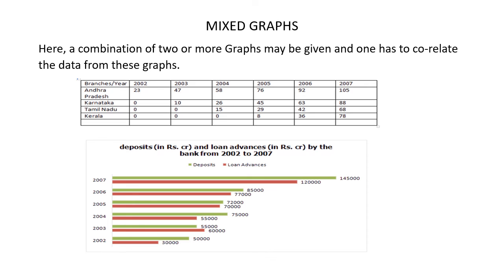As you can see, in 2002, the deposits by the banks is 50,000 crores. In 2002, the loan advances by the banks is 30,000 crores. Now, based on all this information, questions will be asked in the competitive exams on mixed graph. You have to correlate the data from both these graphs to answer those questions.